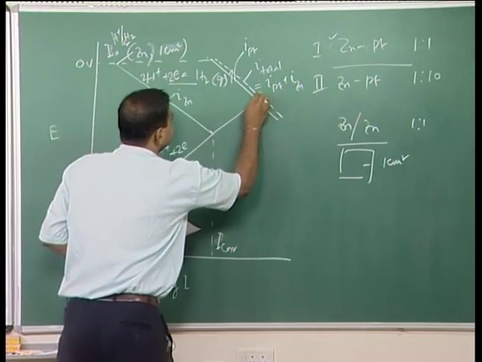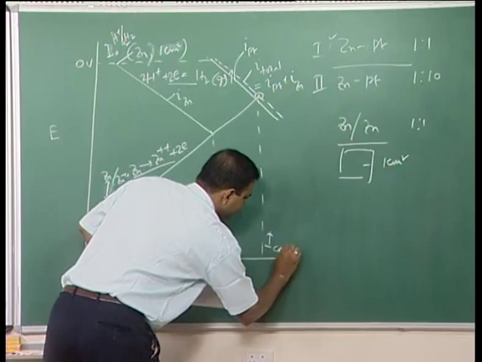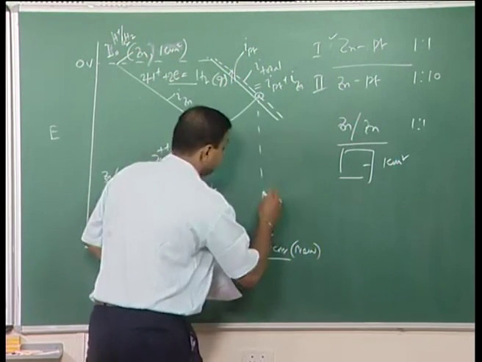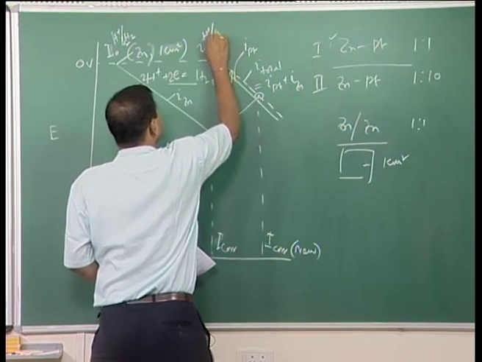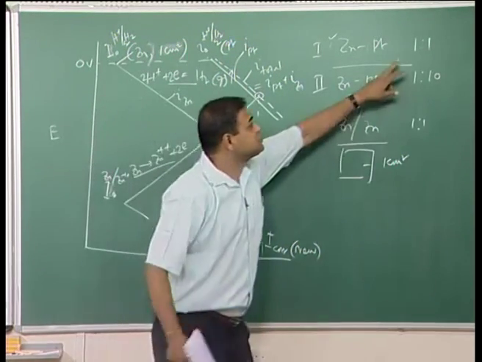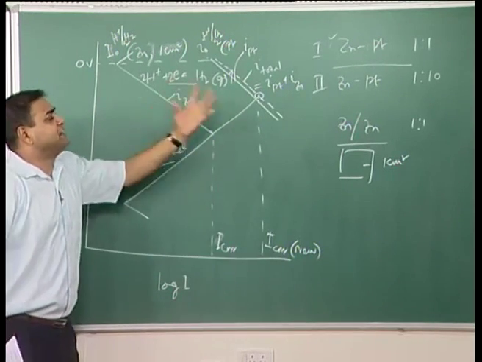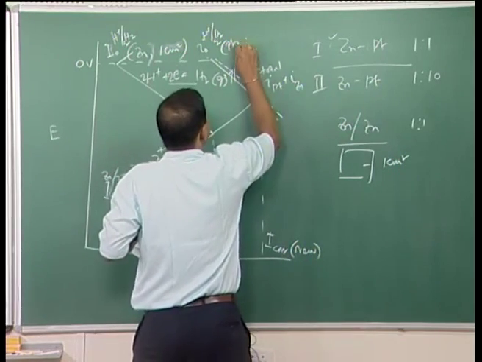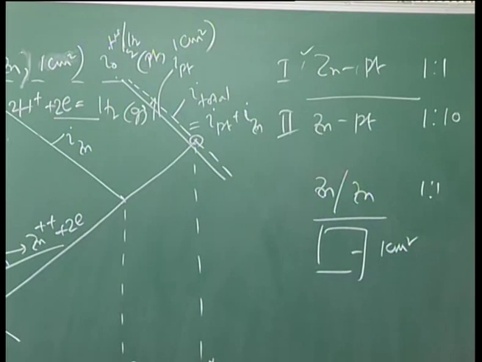This is my point, and this is my I cor, and this is also I0 of H plus to H2 on the platinum surface, and now it is a 1:1 ratio. If you take a 1 centimeter square zinc surface, the platinum surface also will have 1 centimeter square area. So you can write it as 1 centimeter square. No problem up to this, fine.